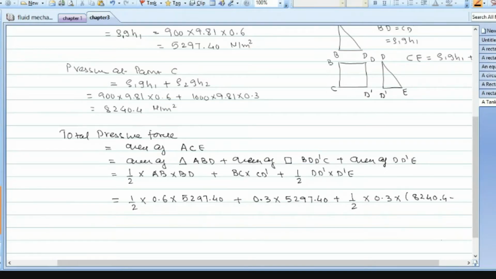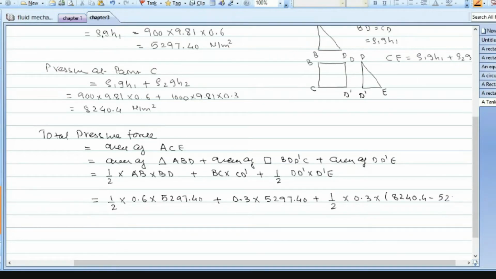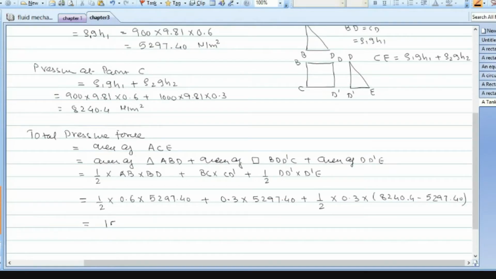The difference between these two means 8240.4 minus 5297.40, which is 1589.22. Plus 1589.22 plus this answer, the total answer comes to 3619.89. This answer is in the unit of Newton per width.